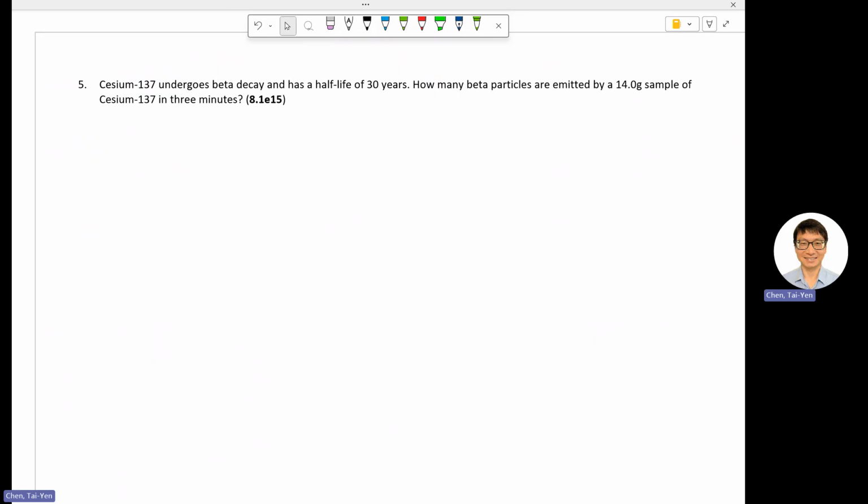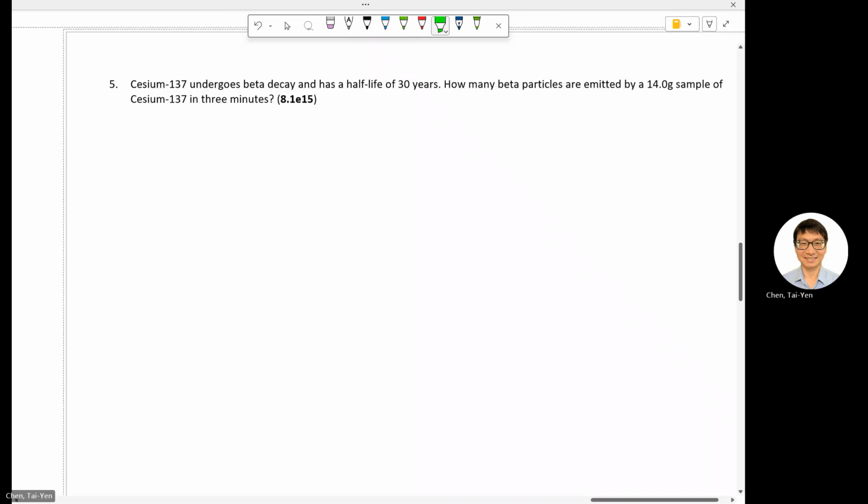How many beta particles are emitted by a 14.0 gram sample in 3 minutes? So what's the keyword here? Half-life.